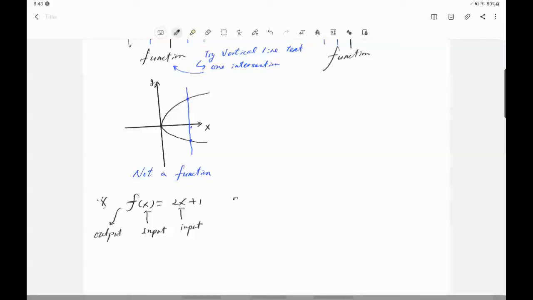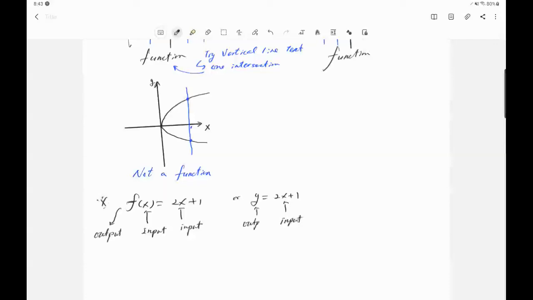All right, or we can write it like this: y equals 2x plus 1. It's the same thing, isn't it? This is the input, and this is the output. We call it the input variable. So the output depends on what?